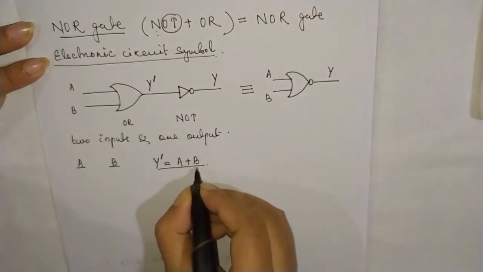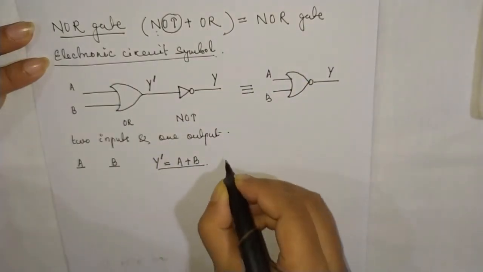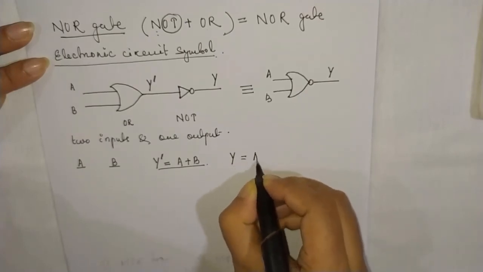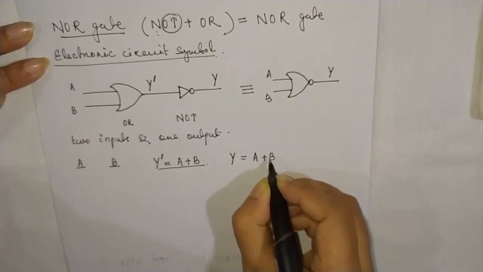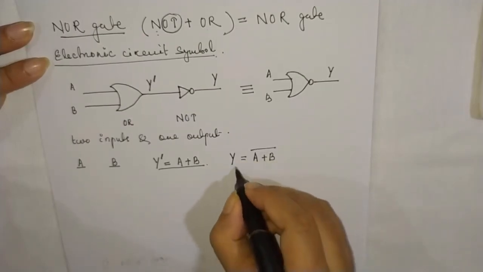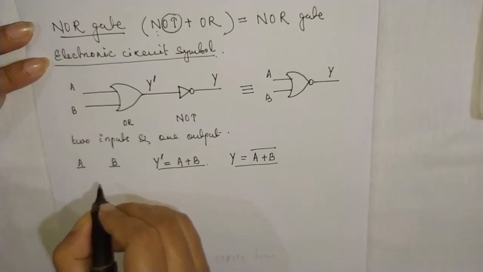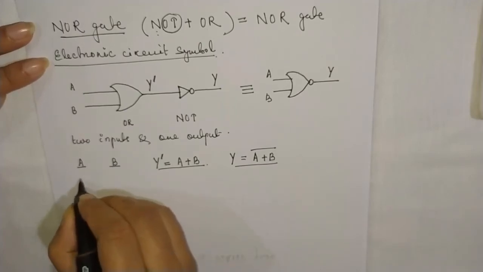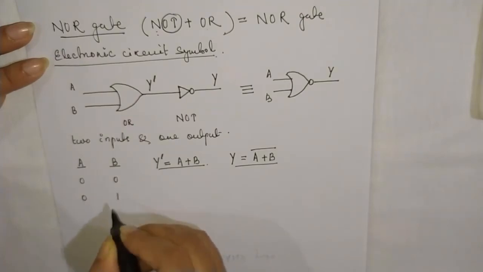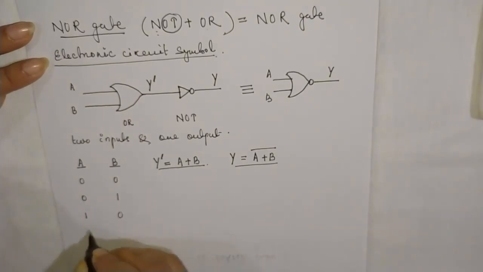So Y prime is equal to A plus B. And what is my Y? The total output is nothing but the inverse of Y prime, so (A plus B) bar. This is my output. So what are the choices I have for A and B? 0,0; 0,1; 1,0; and 1,1.